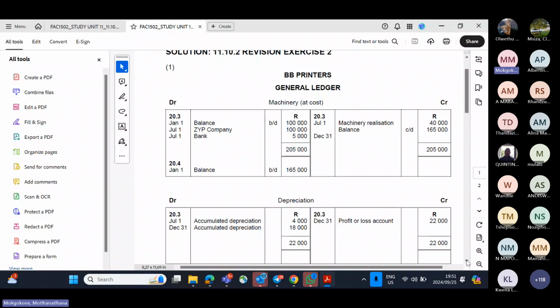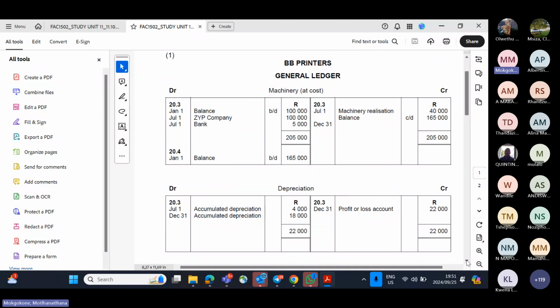Let's move to the second requirement, which was the depreciation. I don't know whether they remember how they calculated the 4,000 of depreciation, which was the Zebra one. Because remember, when was the Zebra machine bought?